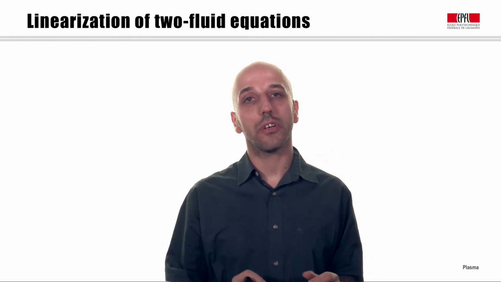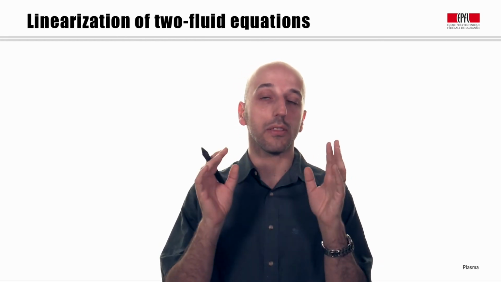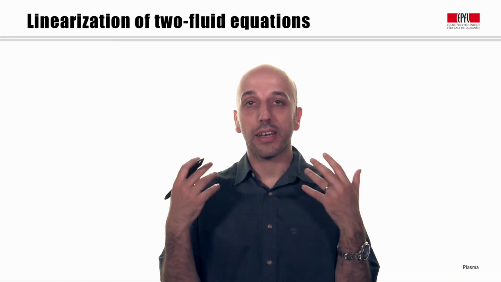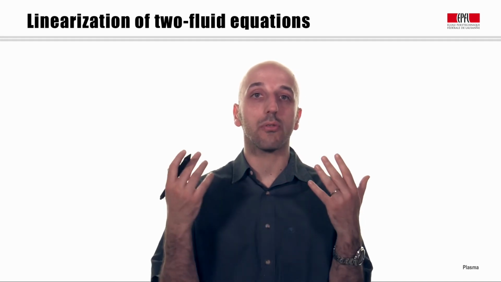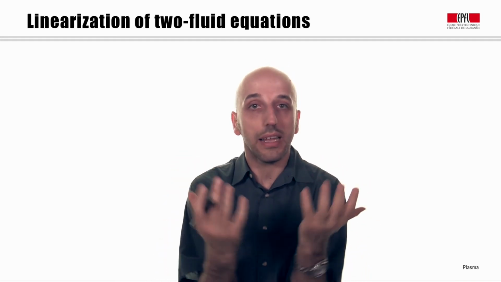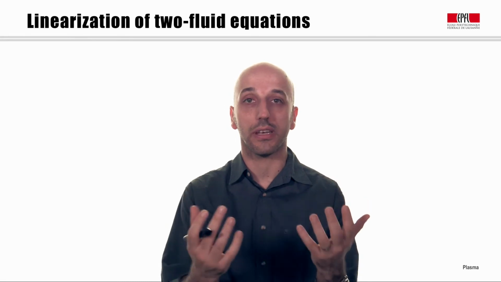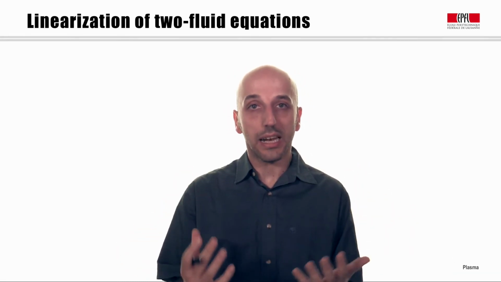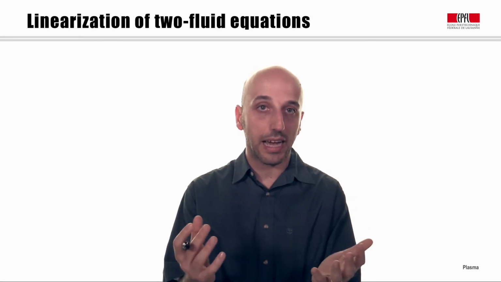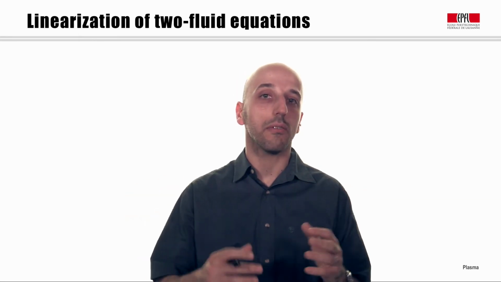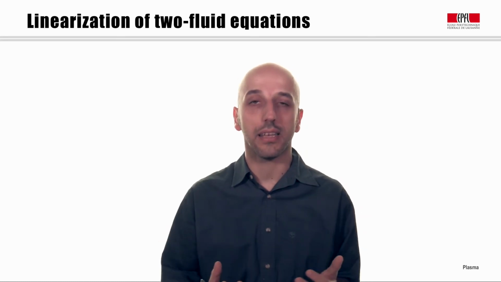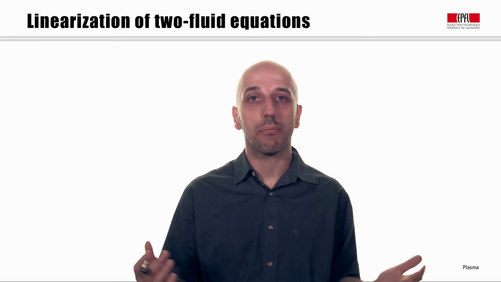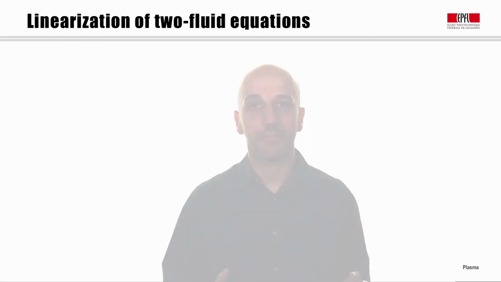We will focus on a relatively simple case of the two-fluid model, the one of the cold plasma. We will therefore neglect all the terms related to finite ion temperature. In other words, we will put the temperature of both electrons and ions equal to 0. This will considerably simplify our study without losing much of the physics that is behind the waves and instabilities described by the two-fluid model.